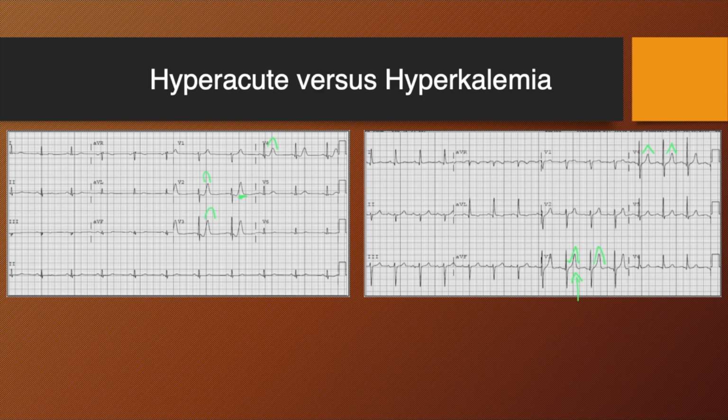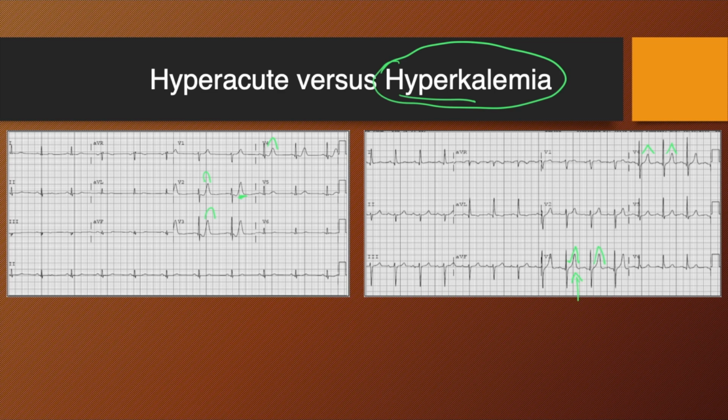Although I will say that hyperkalemia is a great imitator, and you always want to have a high index of suspicion for hyperkalemia. So if there is some history that suggests hyperkalemia and you see T-wave anomalies, you want to be very aggressive at treating this if you suspect it.